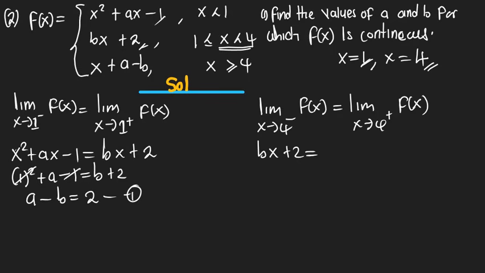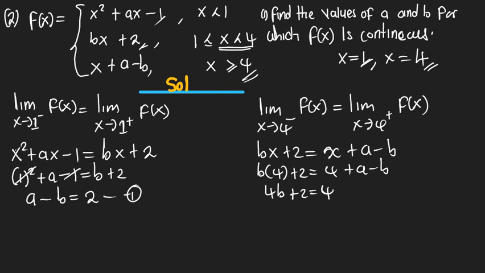Then you equate it to where x is greater than 4, which gives x plus a minus b. Then you put 4 where there is x. Notice that this is going to be 4b plus 2 is equal to 4 plus a minus b.